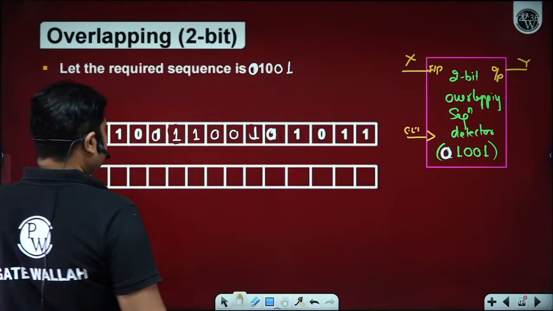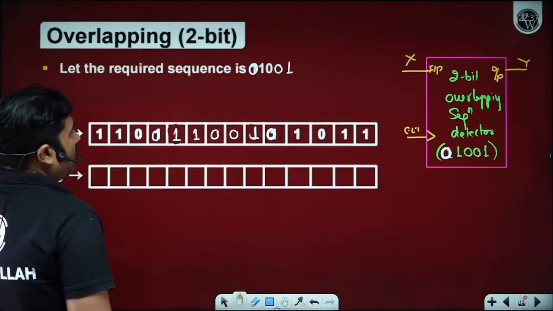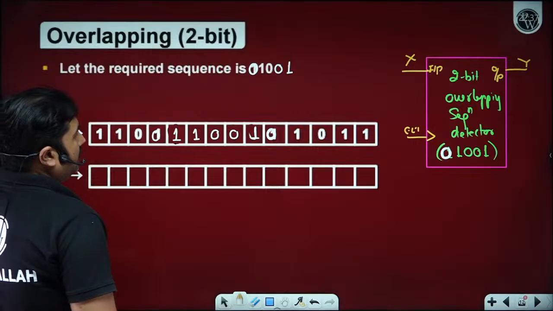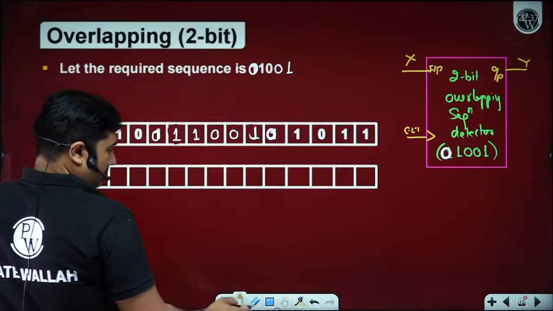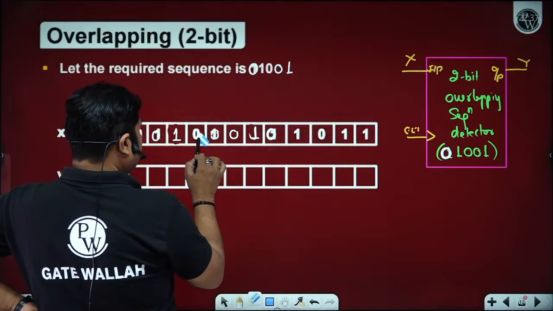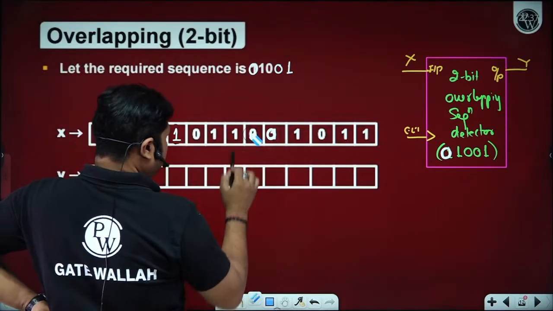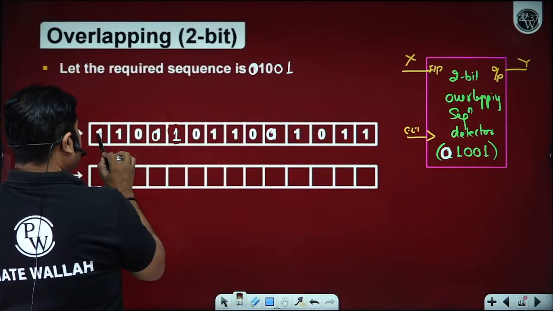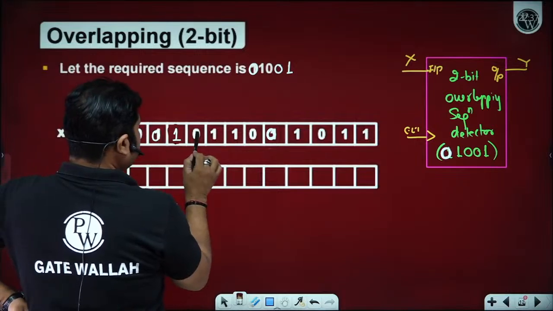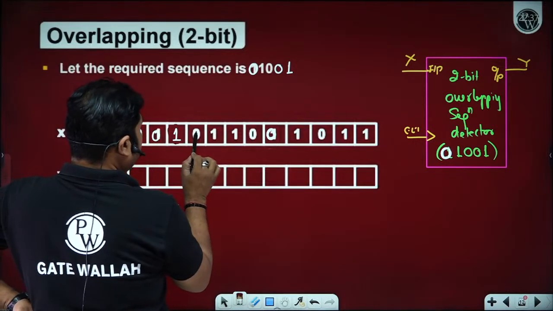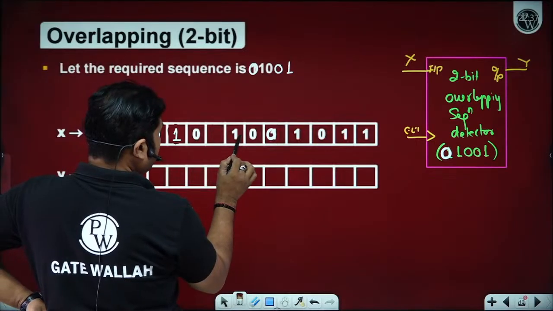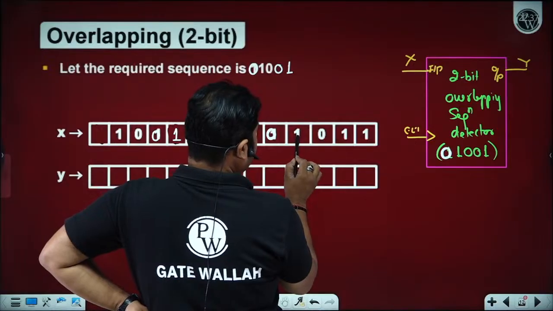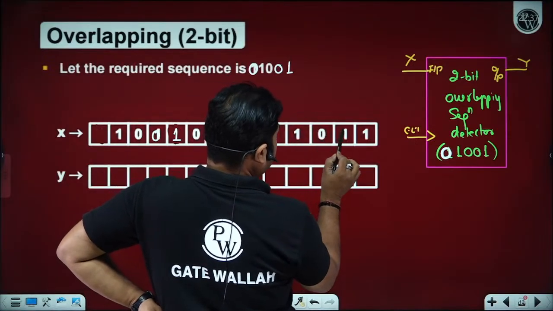Okay, 0 1 0 0 1, 0 1 0 0 1. Let me rearrange this. 0 1 0 0 1, 0 1 0 0 1.